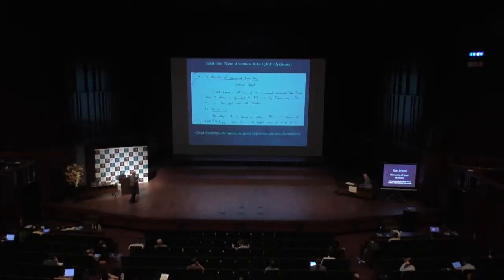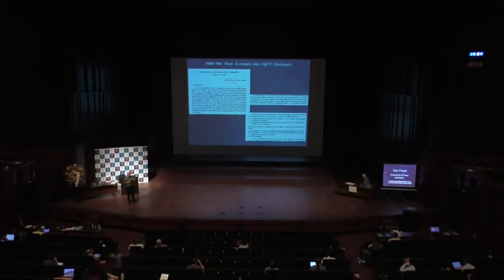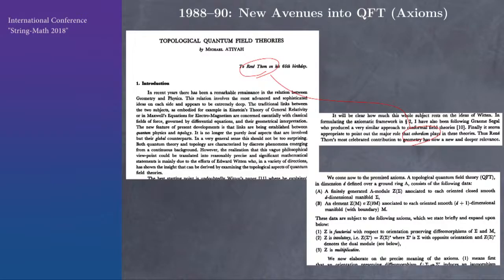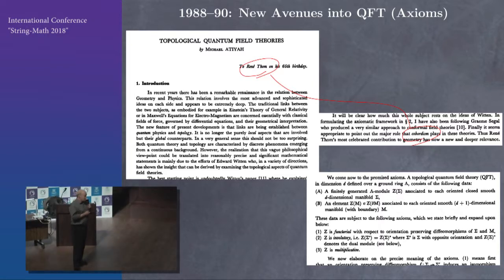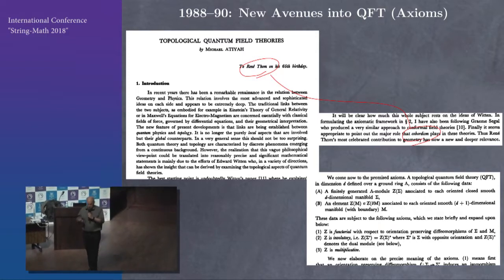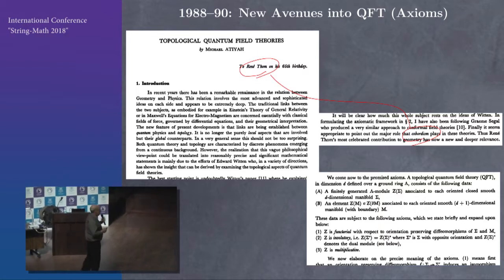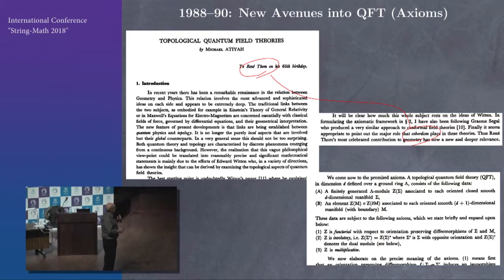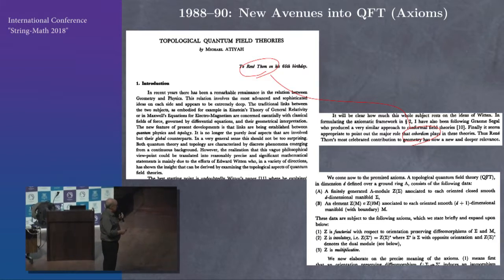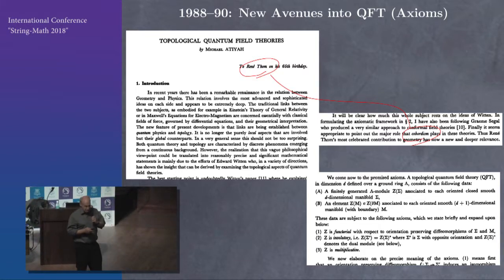Shortly after that, Atiyah wrote down axioms, adapting those to the topological case. The paper that he wrote is here, and notice that it's dedicated to René Thom. René Thom, in his 1954 thesis, had kind of revolutionized the study of cobordism by relating it to homotopy theory. And as Atiyah writes, cobordism plays a key role in these theories, and indeed in the axiom system.